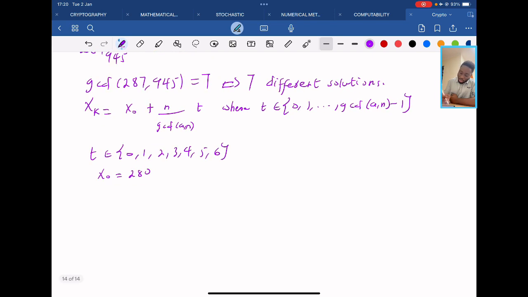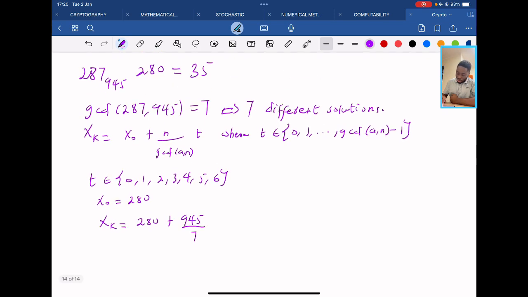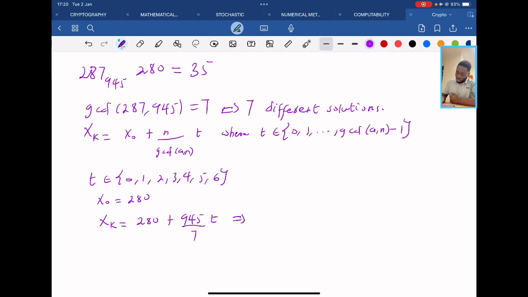So if you plug that one in, you're going to get s_k is equal to 280 plus our n, the modulo 945, over the GCD, which we had as 7, multiplying t. So we are going to get s_k equal to 280 plus 135t.